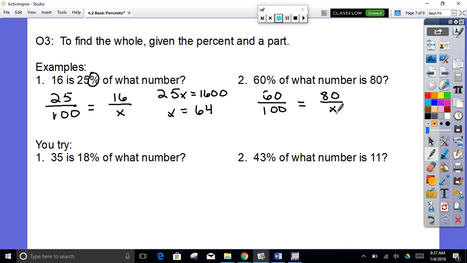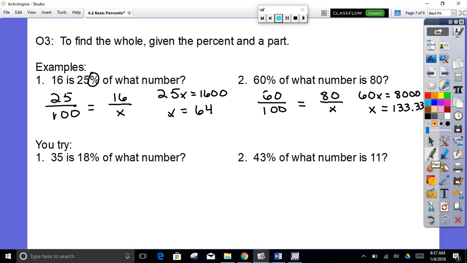Again, we cross multiply. 60x equals 8,000 and x equals 133.3 repeating. I have 0.3 on my paper, but since we're rounding to the nearest hundredth, it would be 0.33.